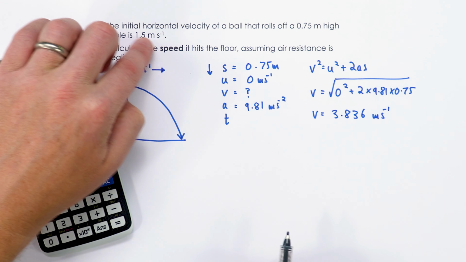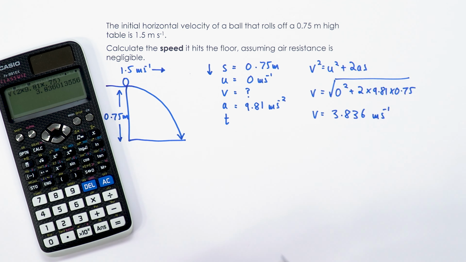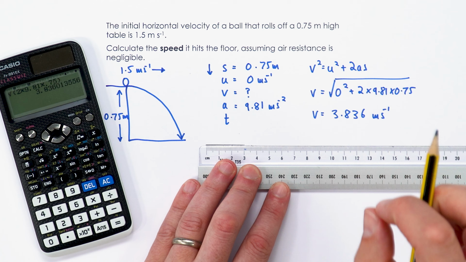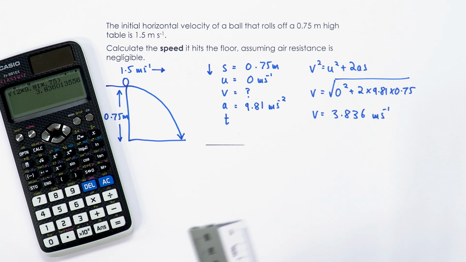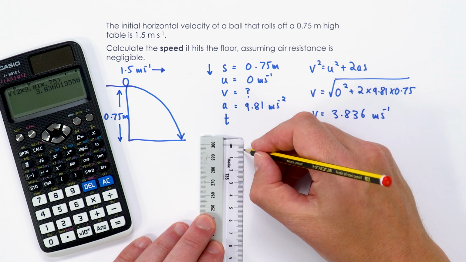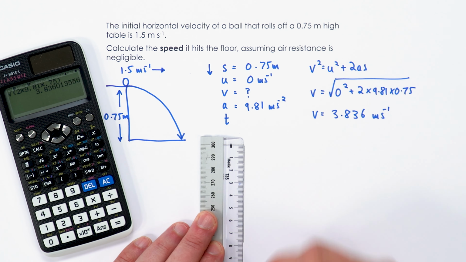However, the ball was also initially travelling at 1.5 meters per second. So what we're going to do now is we're going to draw a triangle. And so the horizontal part of the triangle is going to represent the horizontal component of velocity, which stays at 1.5 meters per second. And then vertically, we're going to go down about that much.